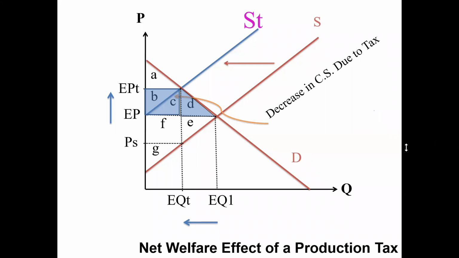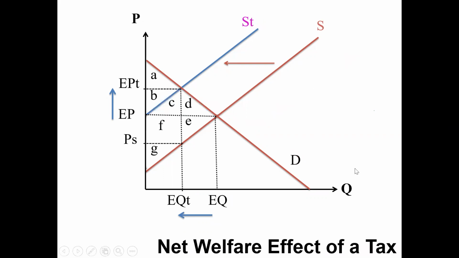Fiona, which area represents producer surplus before tax? E, F, and G, yes. Producer surplus before tax is EFG.